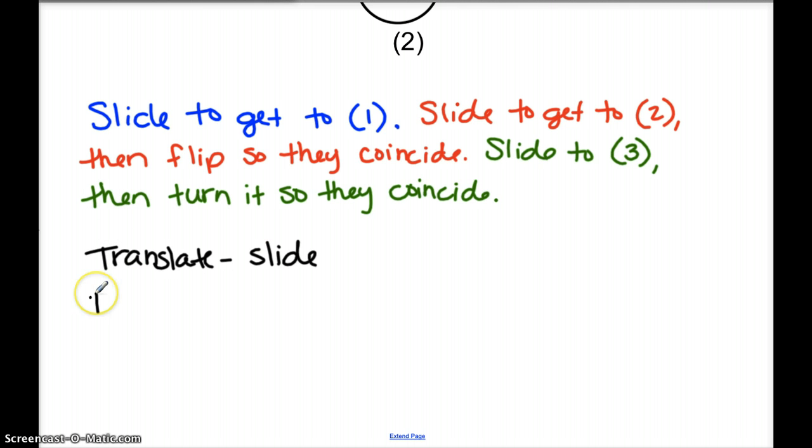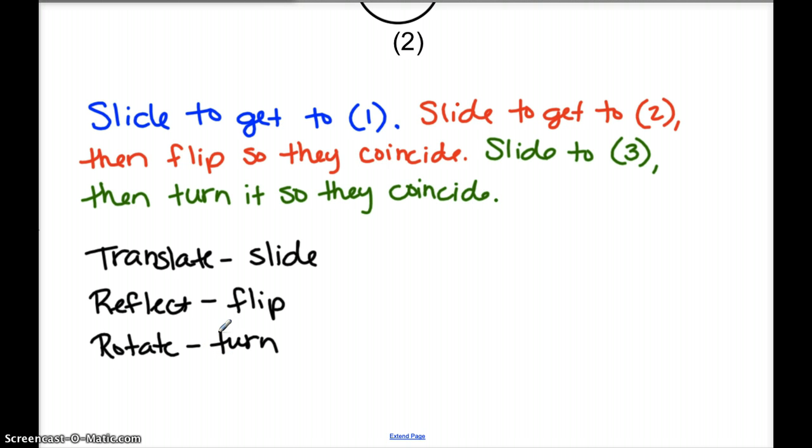The second one is to reflect, and that means you are going to flip the object. And then the third one is to rotate, and that just means that you are going to turn. I know we've talked about those in previous years, so you should probably already be familiar with those three terms. Okay, so that finishes up number 1.